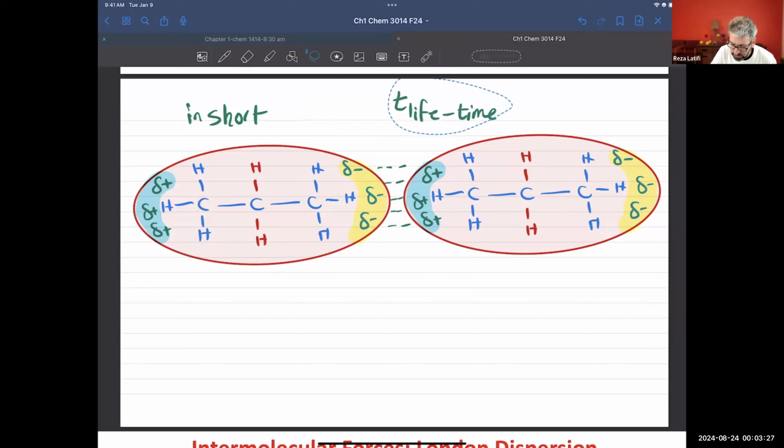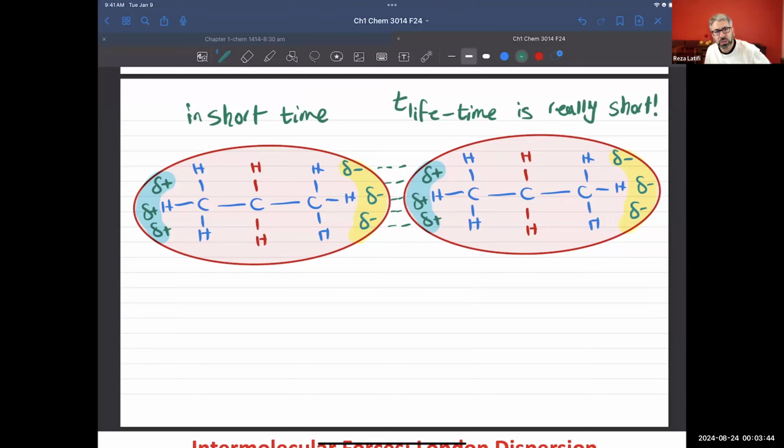I got positive and negative charges. So again, the lifetime is really short. Because it's really short, you can't have those positive and negative charges forever, and that means the dispersion force, the force that you get, will be weak. So the force that we call dispersion force is different than dipole force.